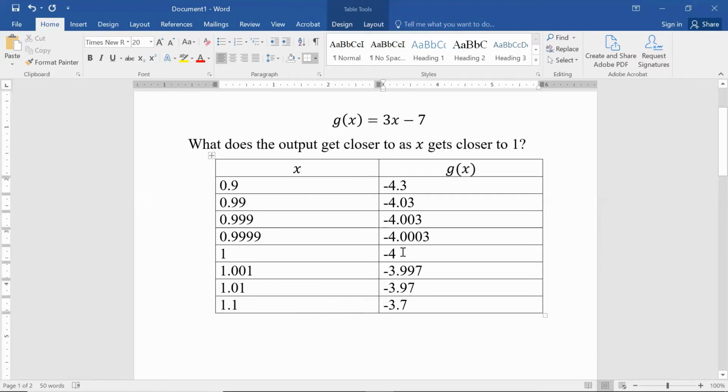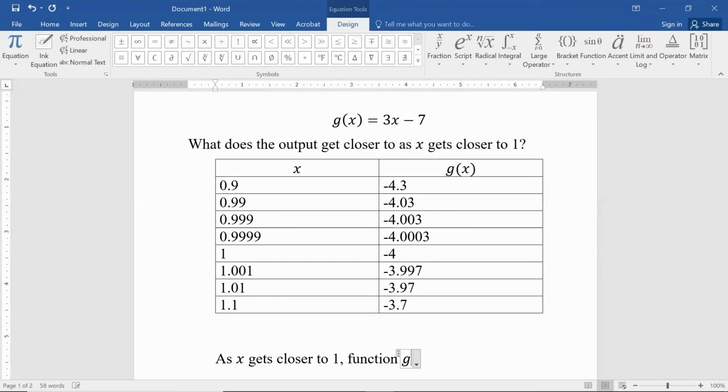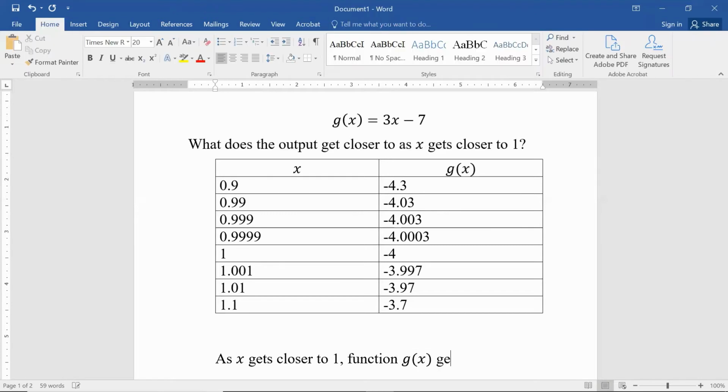As you came in from above, we got closer to -4. So what we would say is, as x gets closer to 1, the function g of x gets closer to -4.